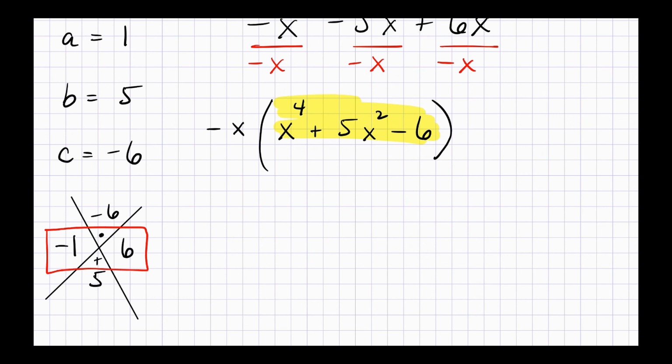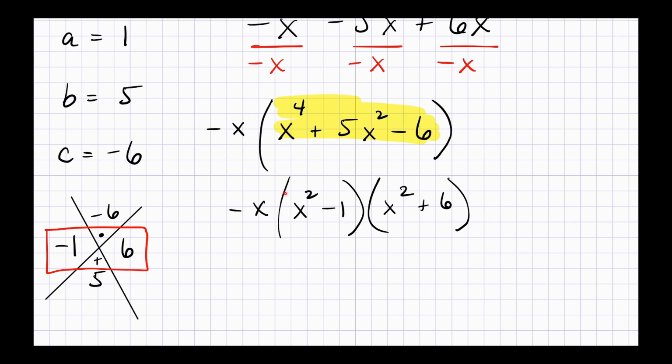Okay. Move back over here, put those numbers in there. (x - 1)(x + 6). Bottoms up, but I'm just dividing by 1, so it doesn't change anything. Last step.